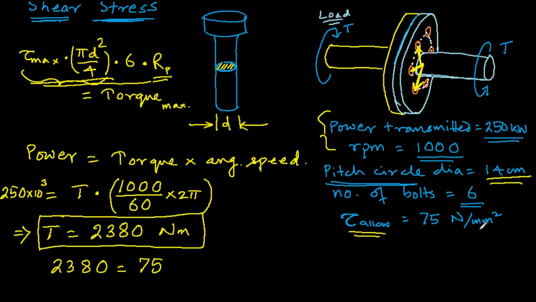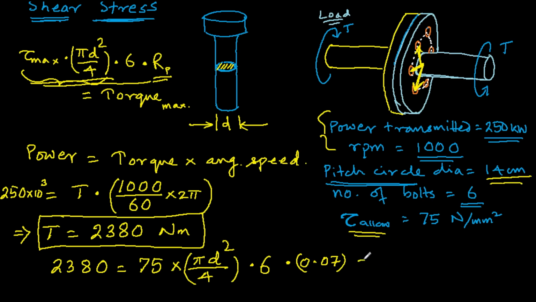Keep this in millimeter square, so the answer d will also come out in millimeters. Pi d square over 4 is the area of one bolt, times 6, times the radius. Because the torque is in Newton meters, we have to convert the radius into meters: it is 0.07 meters, half of this.